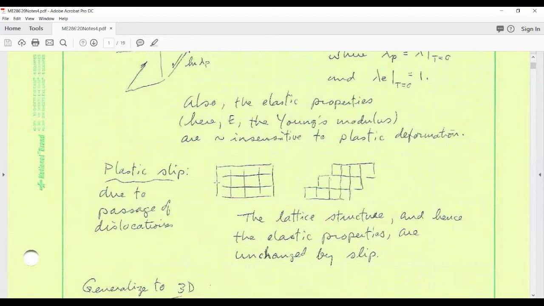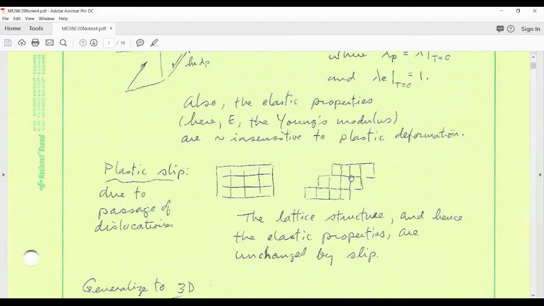So here's a cubic lattice, let's say. Plastic slip is facilitated by the movement of dislocations, as we mentioned previously some time ago. In the course of that slip, the basic lattice structure is unaffected by this plastic slip.